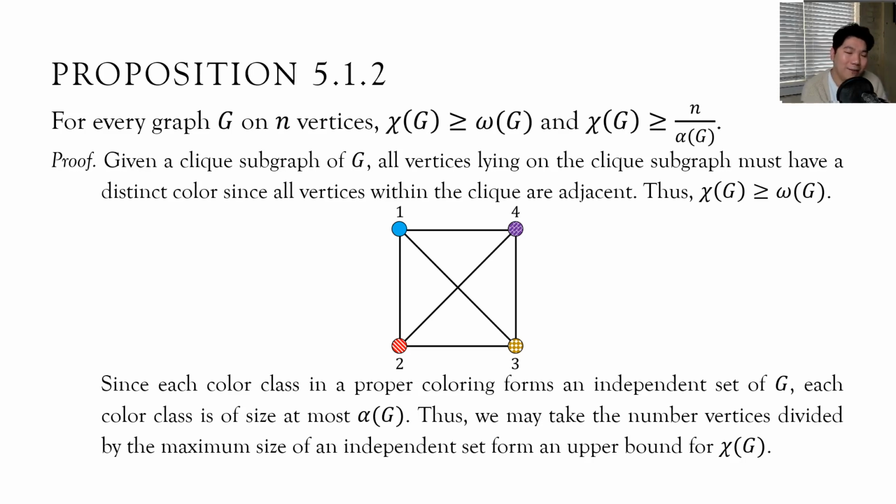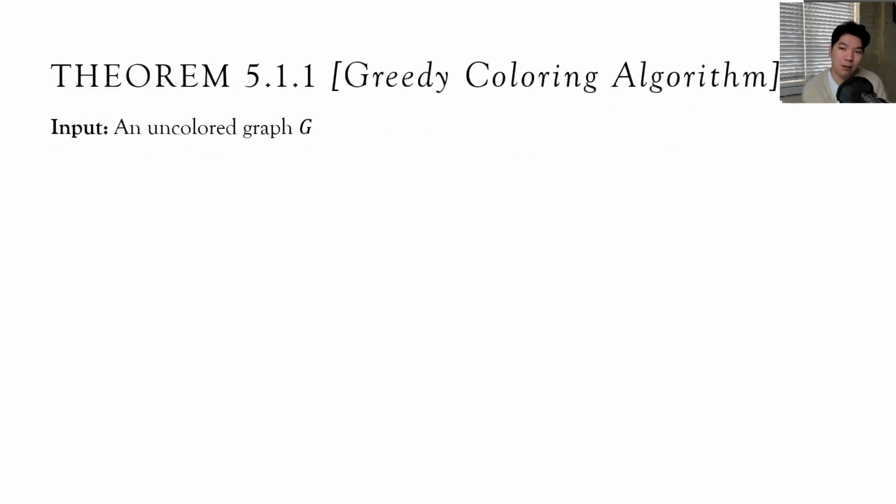So if I can find lower bounds, can I find some upper bounds on the chromatic number? I'm going to go ahead and introduce to y'all our new algorithm for this chapter. Fortunately, for this algorithm, it's actually a little bit intuitive. The next algorithm I have for y'all is the greedy coloring algorithm. And one thing I want you to notice is that this is called a greedy algorithm.